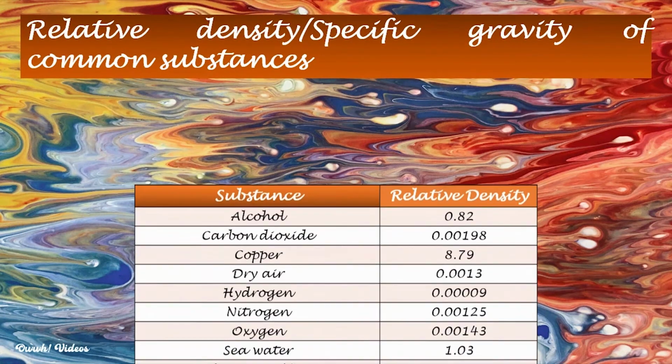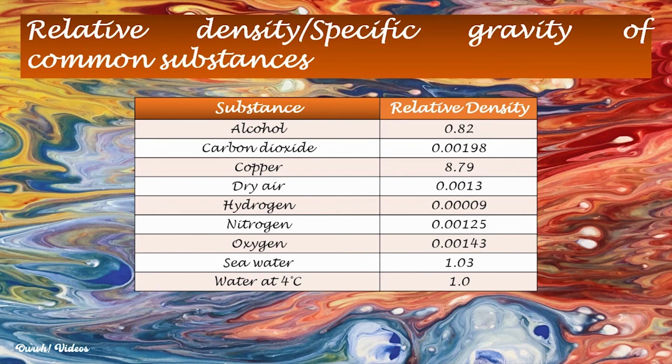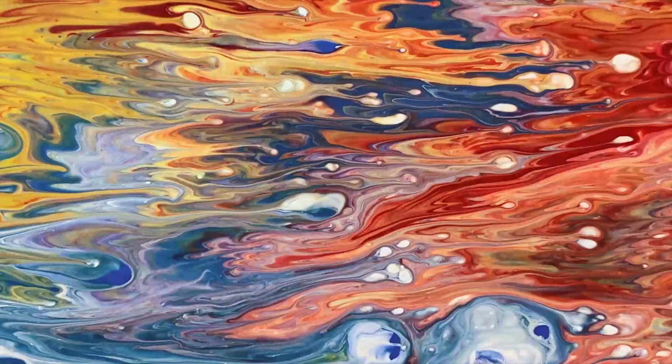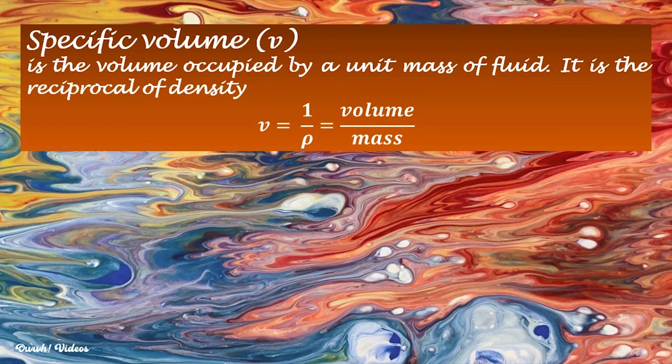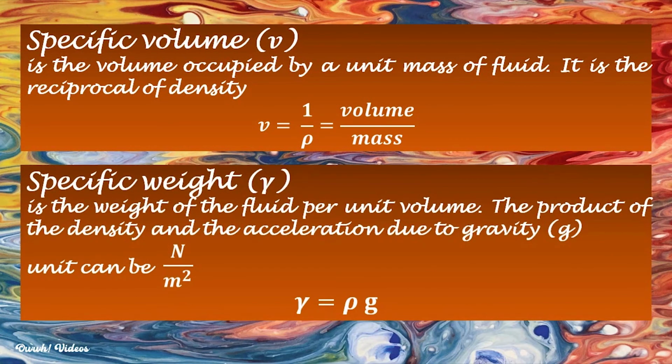Below are the relative density or specific gravity of common substances. Specific volume is the volume occupied by a unit mass of fluid.